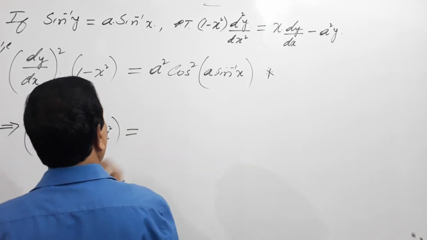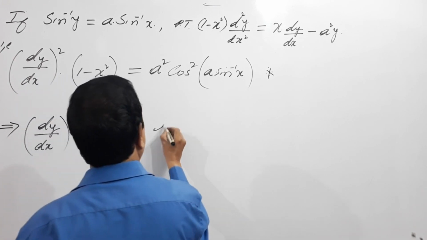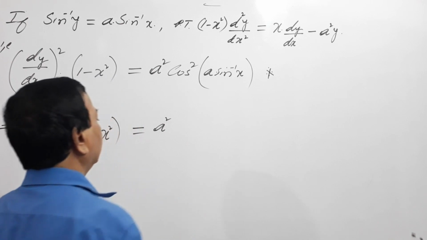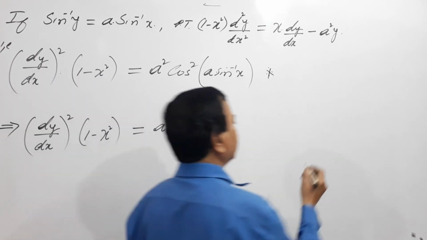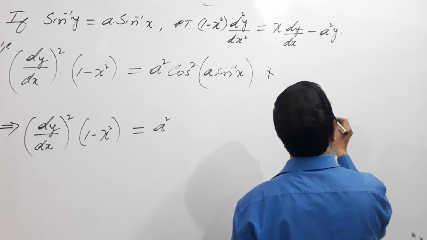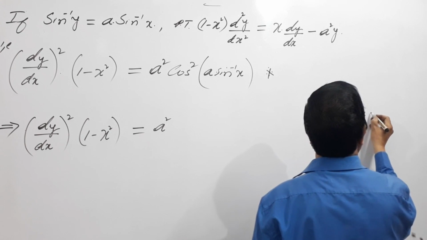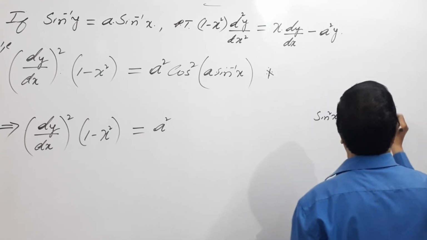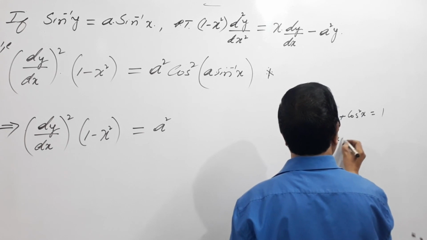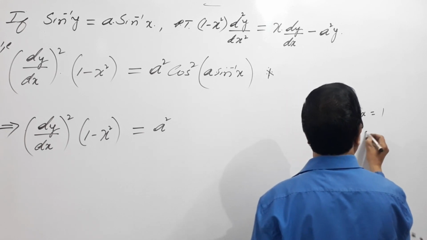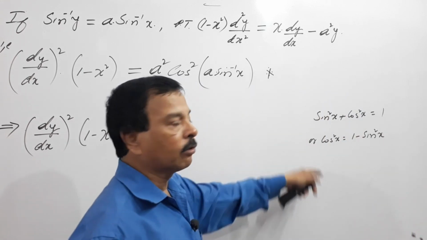equals to what? Equals to a square. What I will do here, we know this. What is this? Sin square x plus cos square x equals to 1, or cos square x equals what? 1 minus sin square x. I use this concept here.